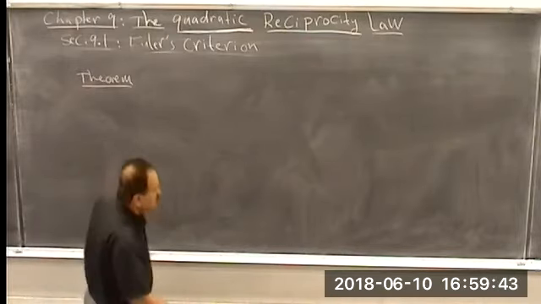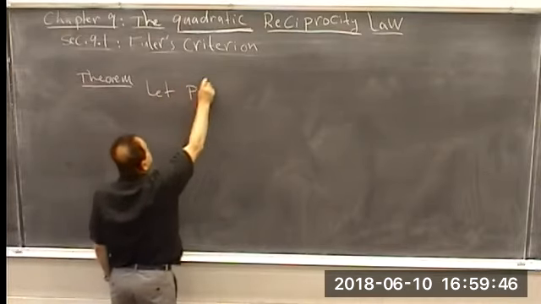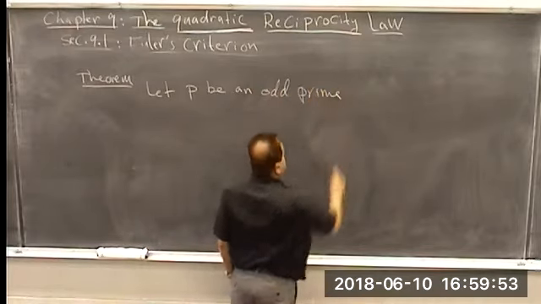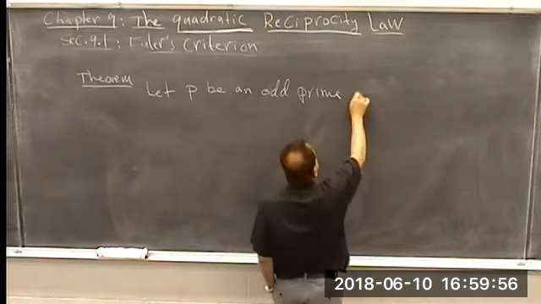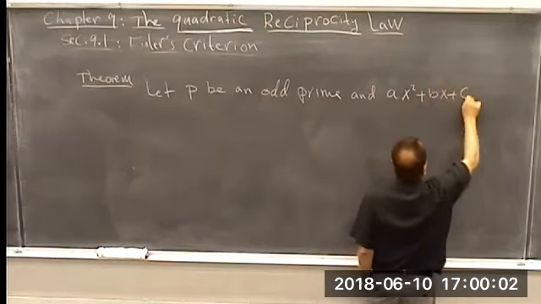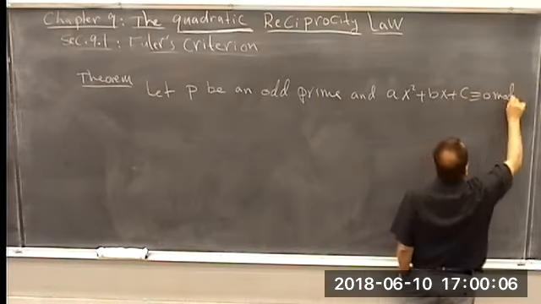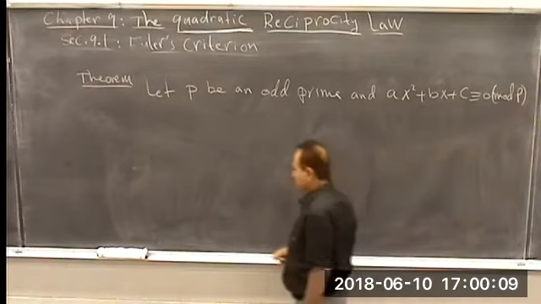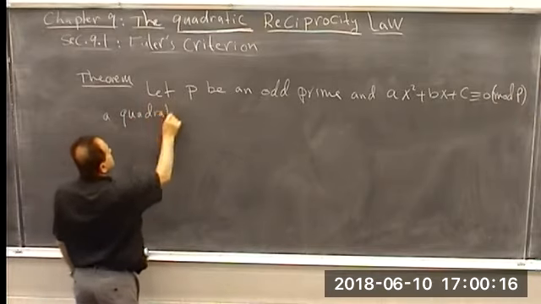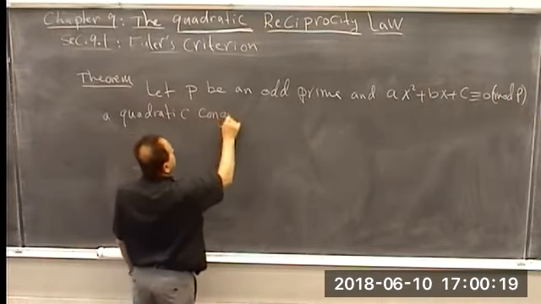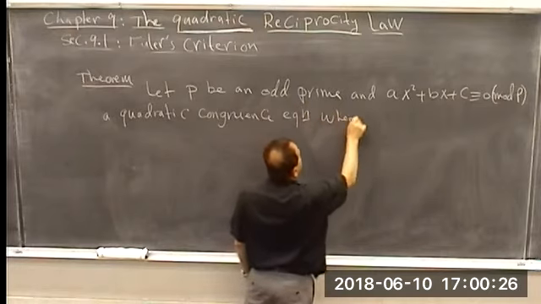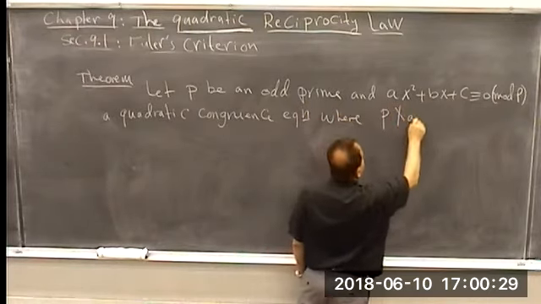Okay, so I'm going to let p be an odd prime, and ax squared plus bx plus c congruent to 0 mod p a quadratic congruence equation, where p does not divide a.